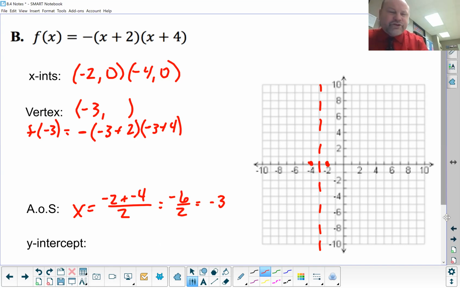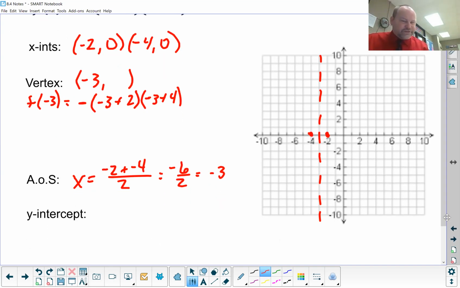So you want to make sure you're keeping track of all of your negative signs. So we have a negative here. -3 plus 2 is -1. -3 plus 4 is +1. So we get the opposite of -1 times +1. Comes out as +1.